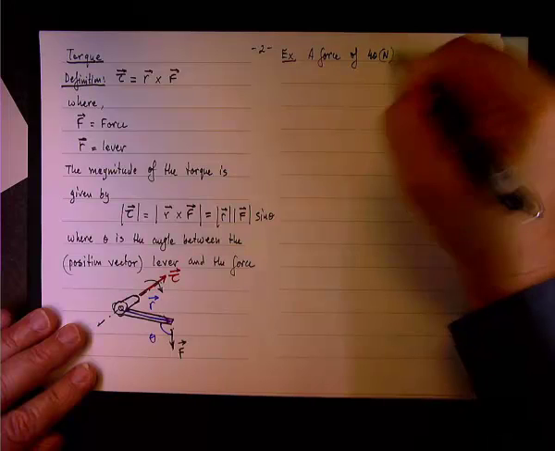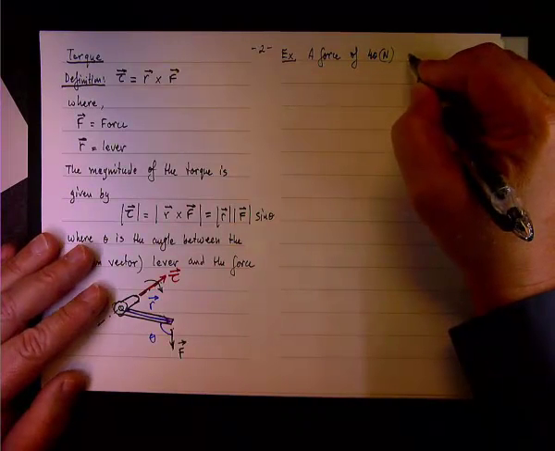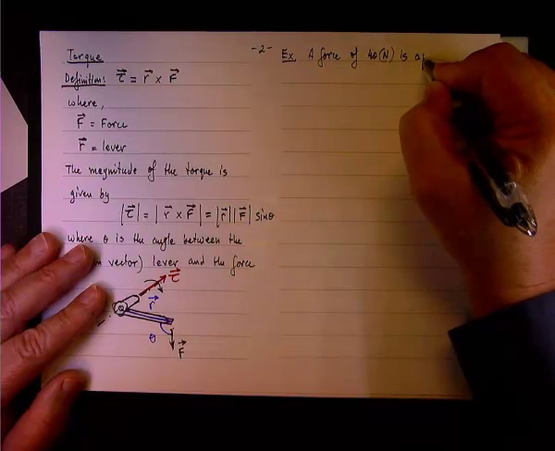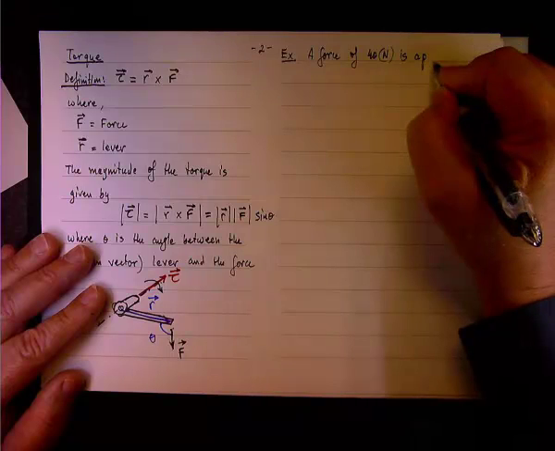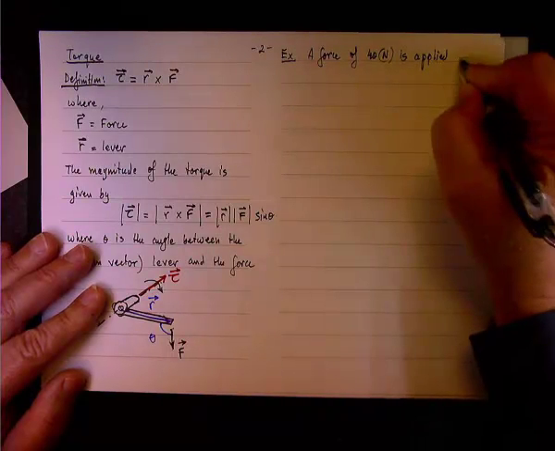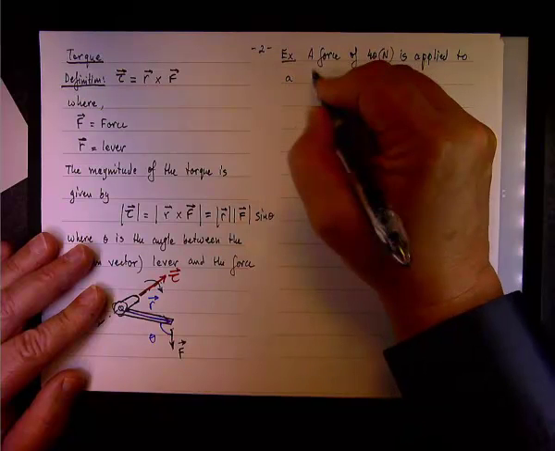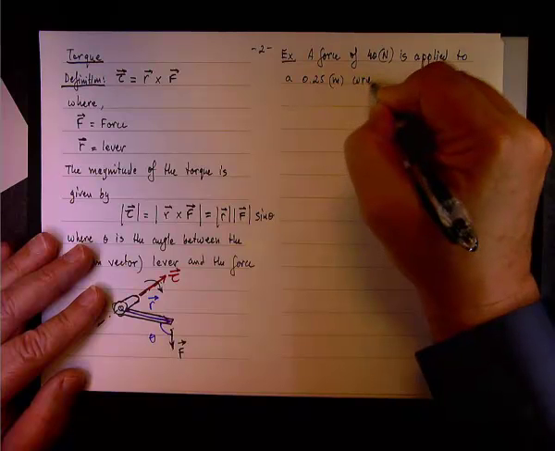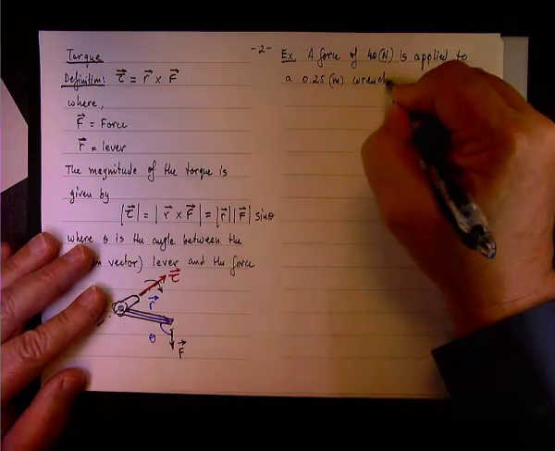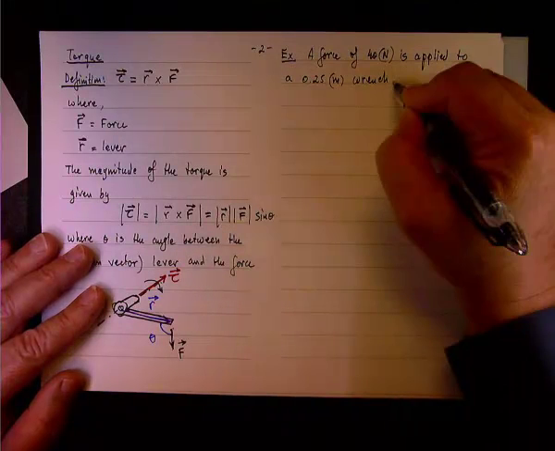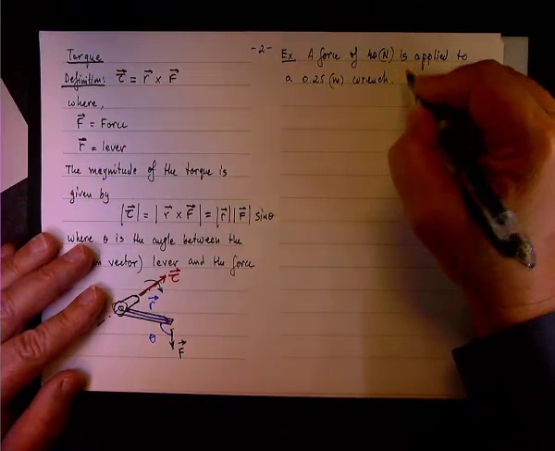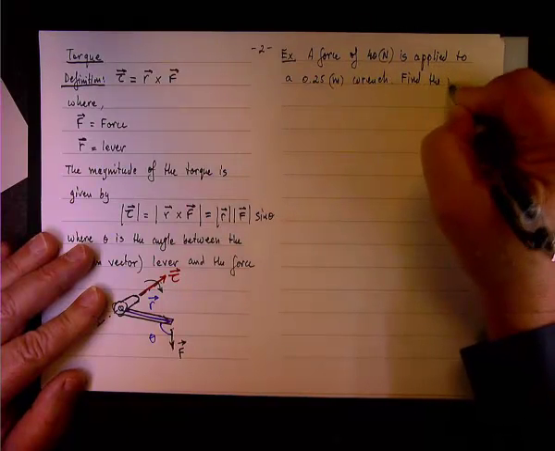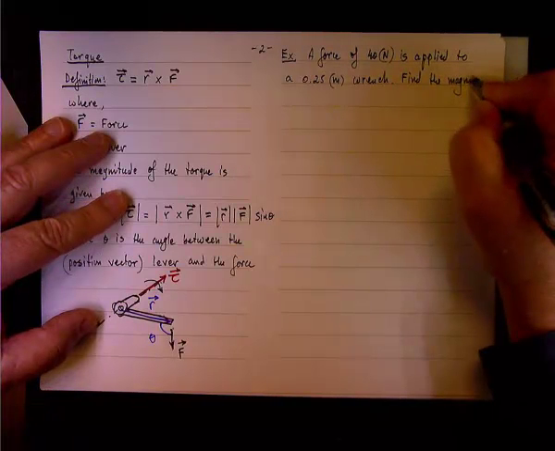Okay, so we go like this. A bolt is tightened by applying a force of 40 Newton to a 0.25 meter wrench to torque something.